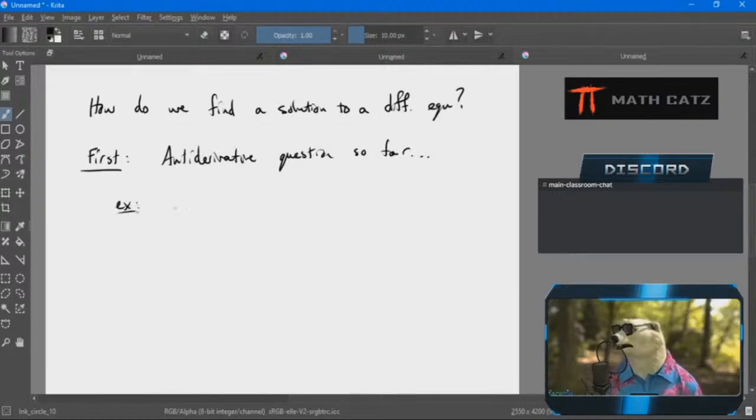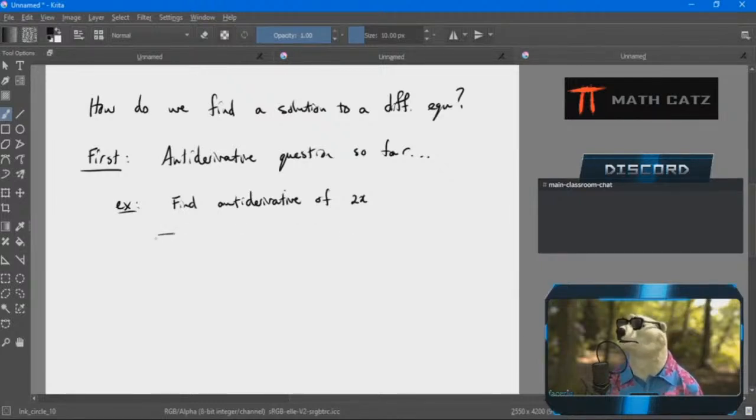For example, I could have said, find the antiderivative of, let's keep it super simple, 2x. What does that mean?